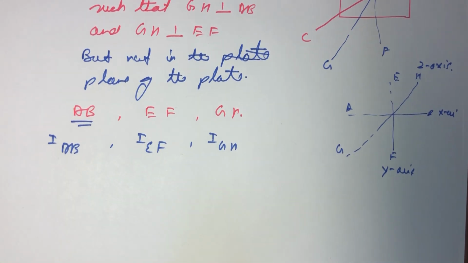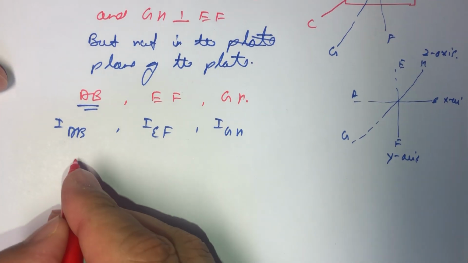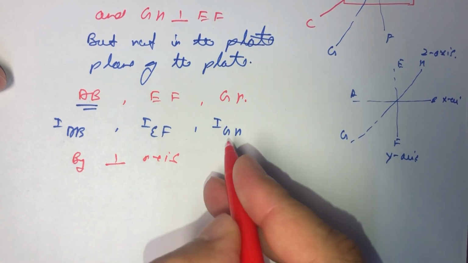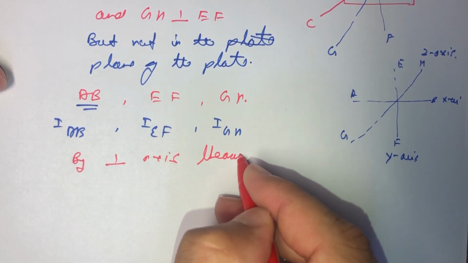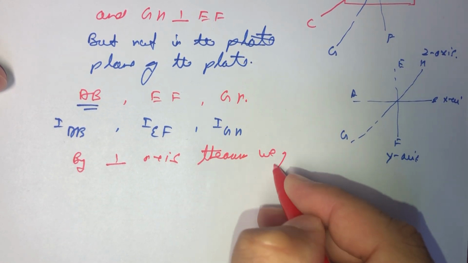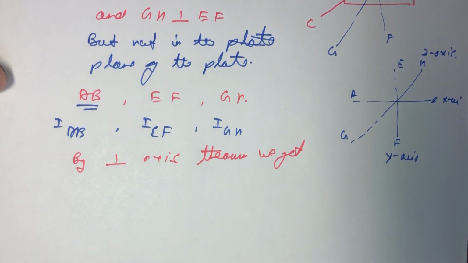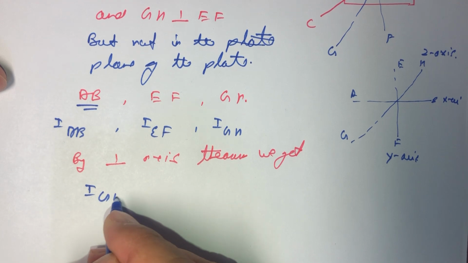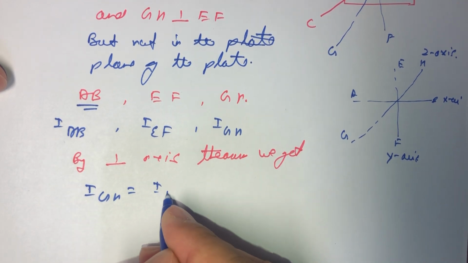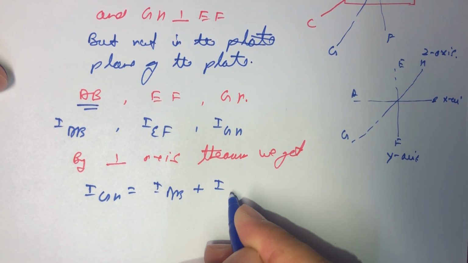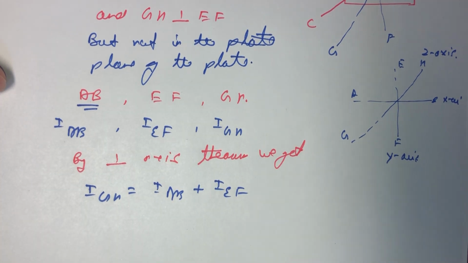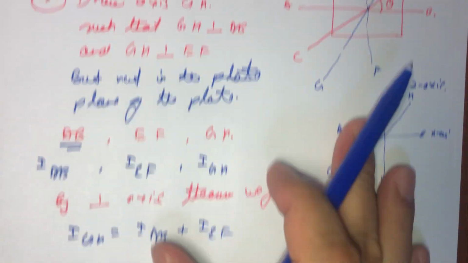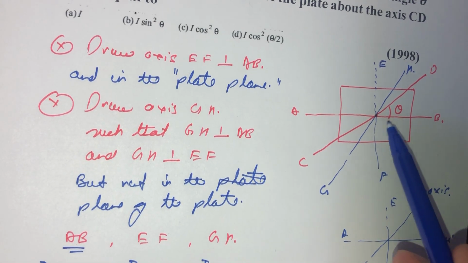Therefore, by the theorem of perpendicular axis, we get IGH equal to the sum of IAB plus IEF. Now, it is a square plate, and all these axes are passing through the center.